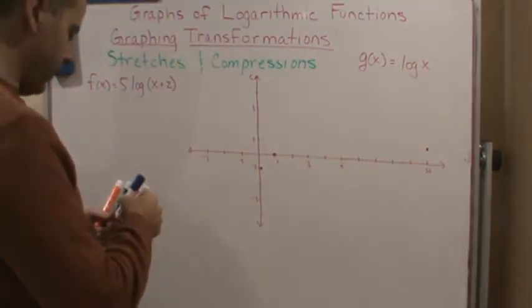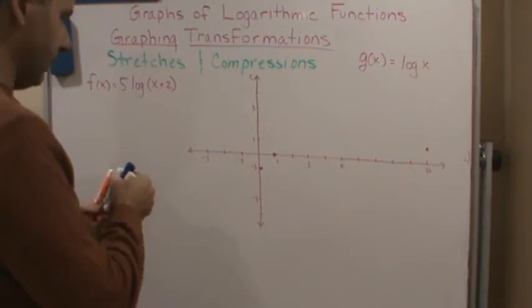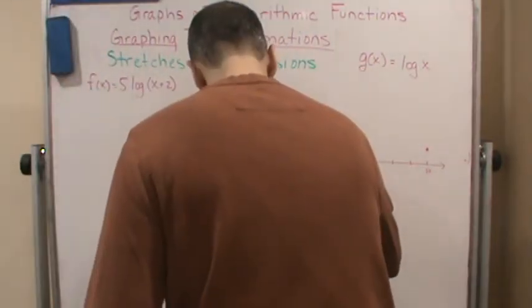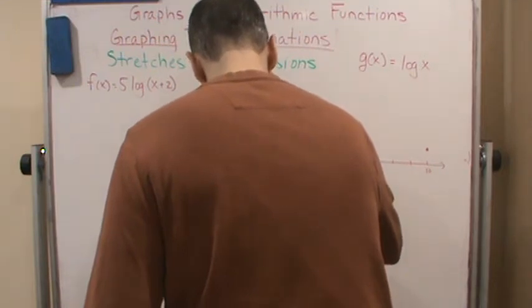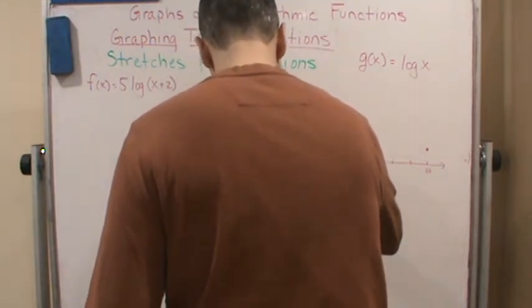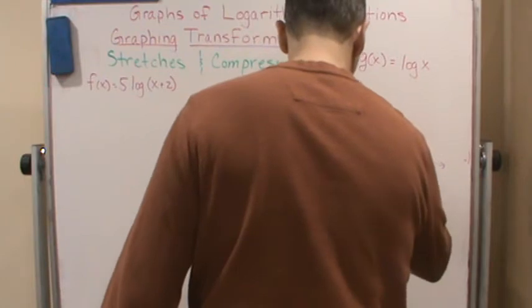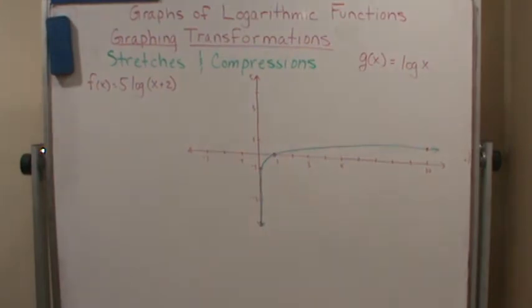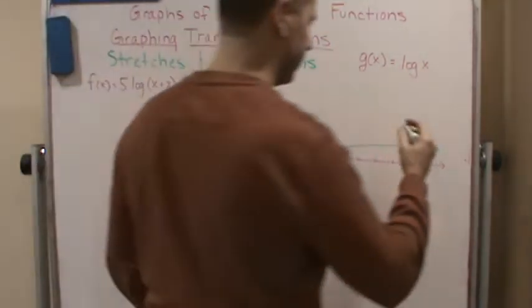So this is looking something like this. Okay, so there's our parent function, g of x.